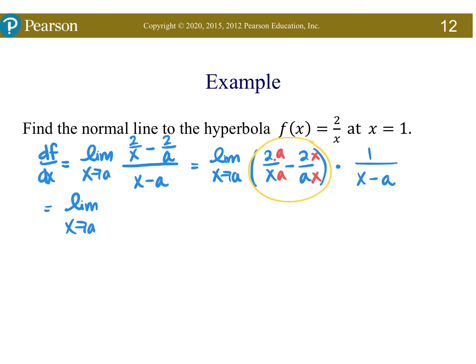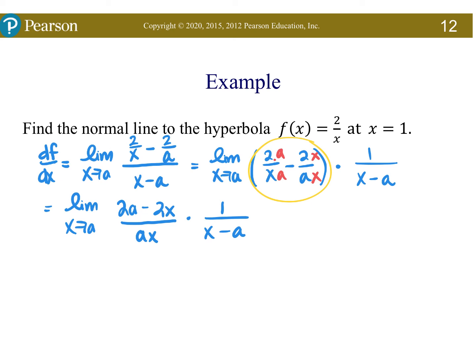So that will give me 2a minus 2x over the common denominator, ax, or xa. I don't care how you write it. And then still multiplied by that 1 over x minus a. Now I need to factor.